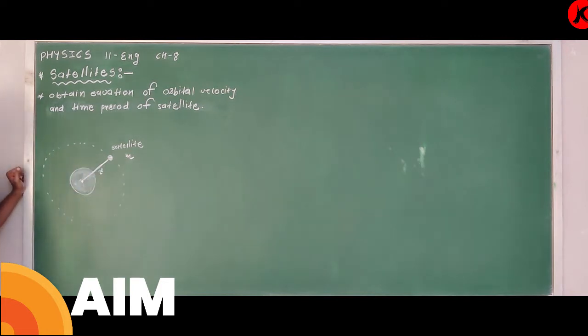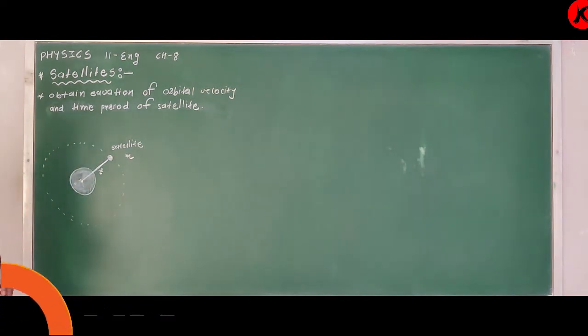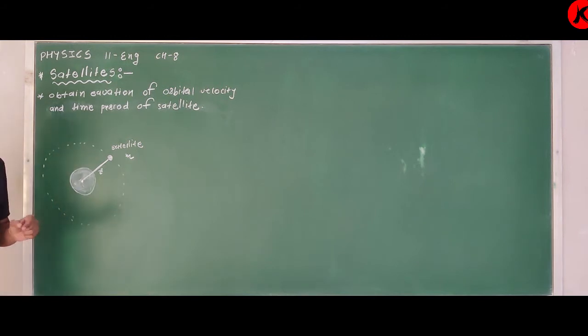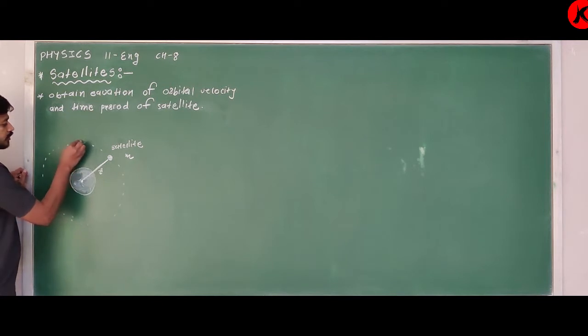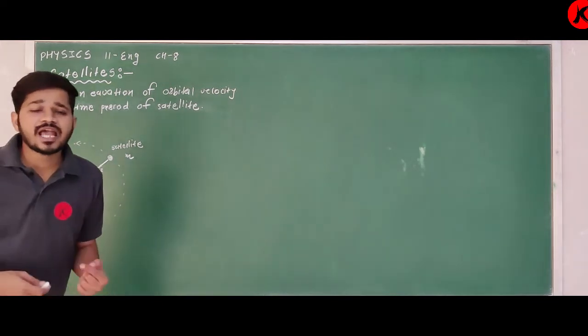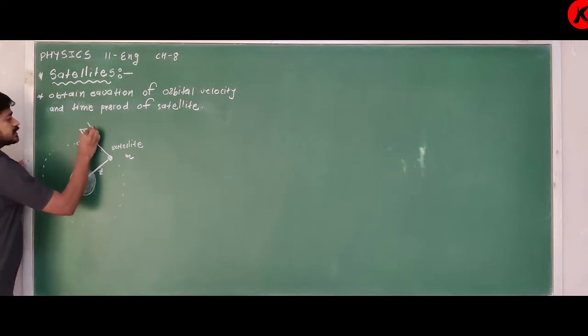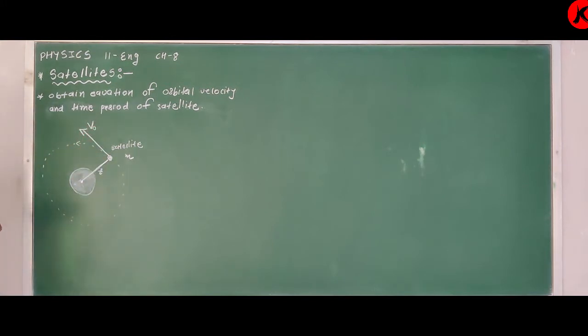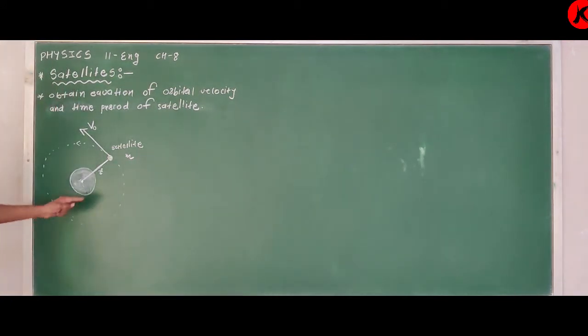As it is performing nearly circular motion, it has some velocity, and at each and every point its velocity is in the direction of the tangent drawn at that point. Here it is tangent, so here its velocity is v0, the orbital velocity. So here is the figure.